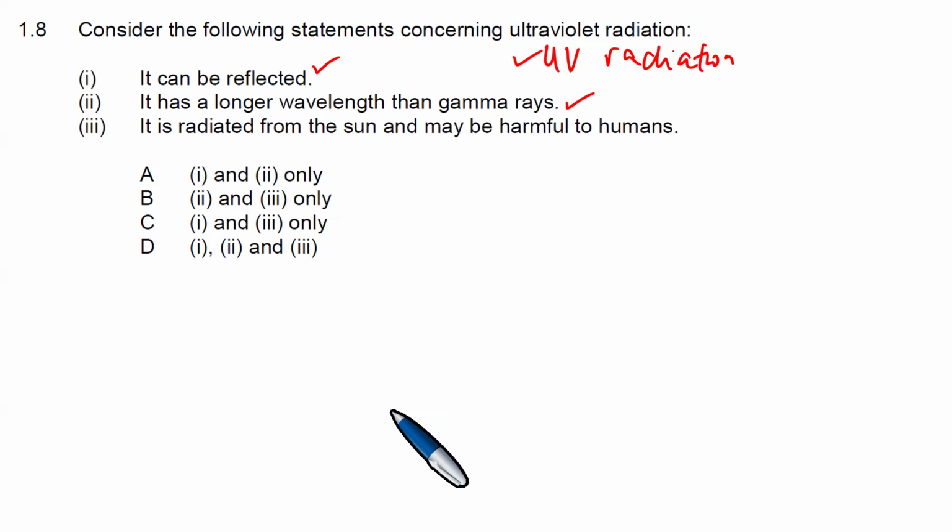So some people who stay in the sun on the beach, if you go to Durban, if you're on the beach for too long, you can experience some sunburn because of the UV radiation. It is radiated from the sun and may be harmful to humans. It is harmful to humans. Okay. So we have that.